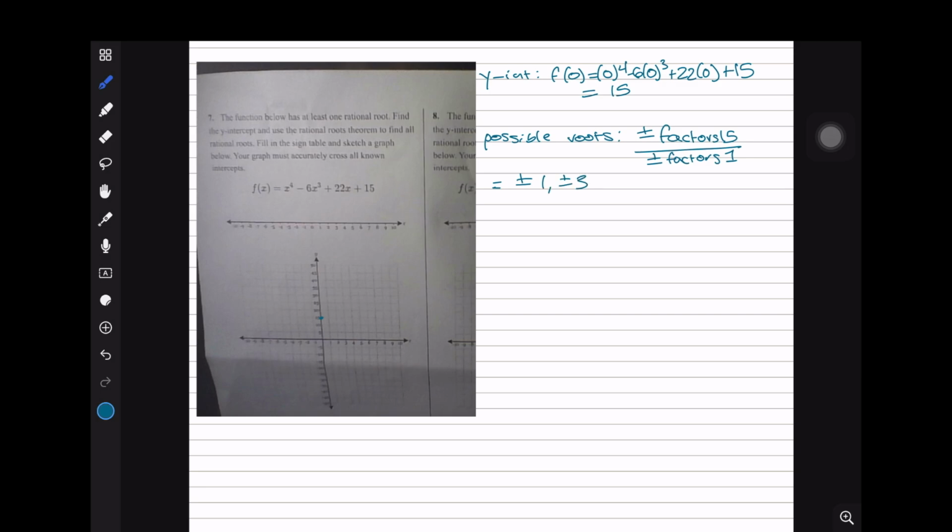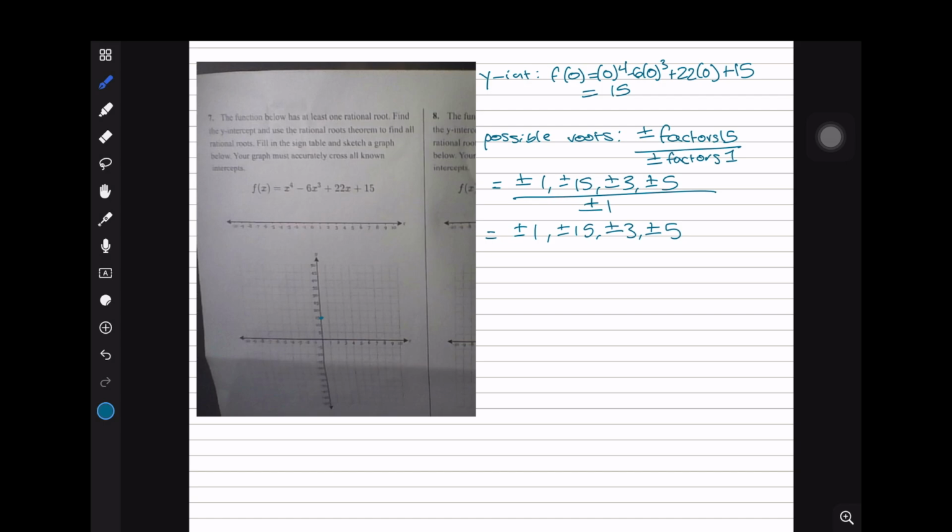So that would be a 1. So now we have possible roots equals plus or minus factors of 15 divided by plus or minus factors of 1. So factors of 15 could be plus or minus 1, plus or minus 15, plus or minus 3, plus or minus 5. And now factors of 1 is just going to be plus or minus 1. So if you take each of those and divide by 1, you essentially get the same thing.